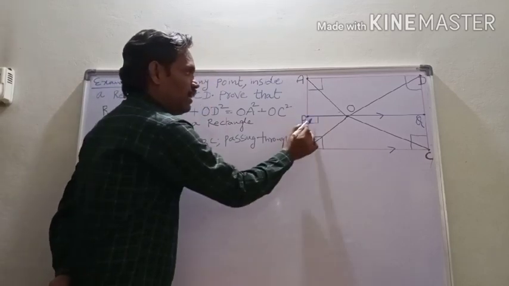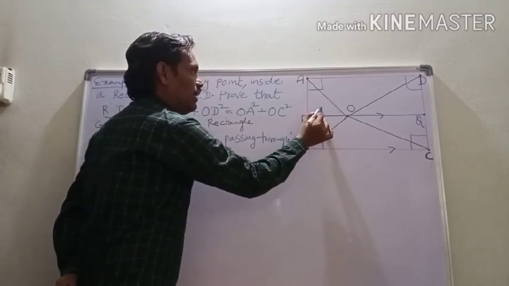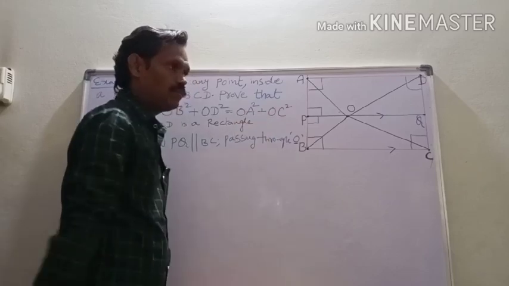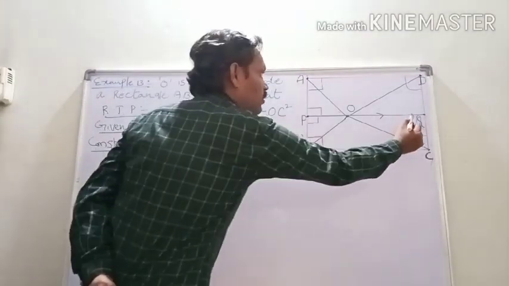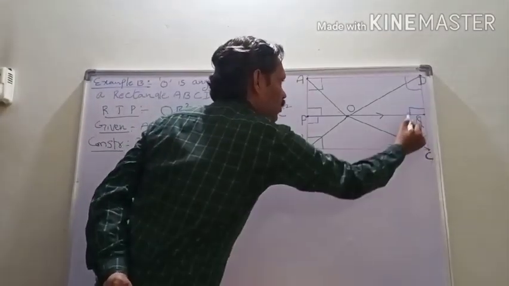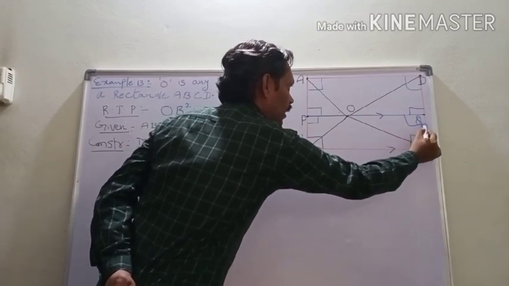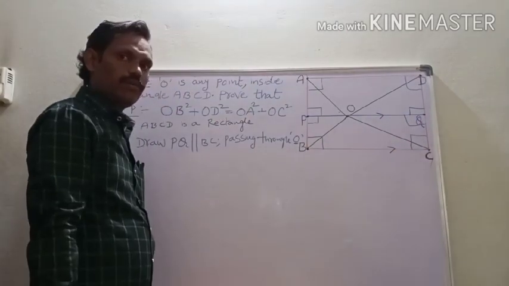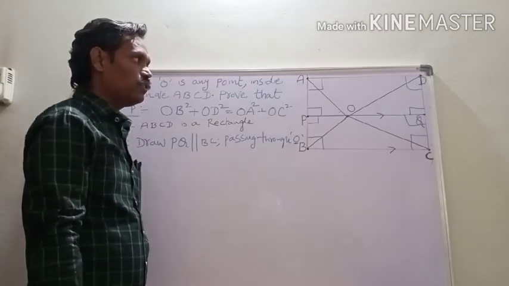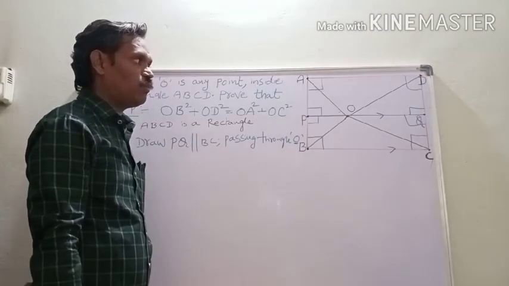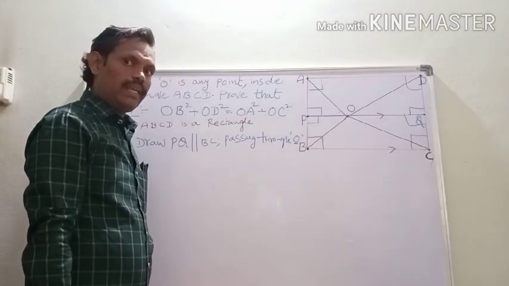If it is a right angle, automatically on either side we can find a right angle. Similarly, here also we can find a right angle. So here you have four small right angle triangles.